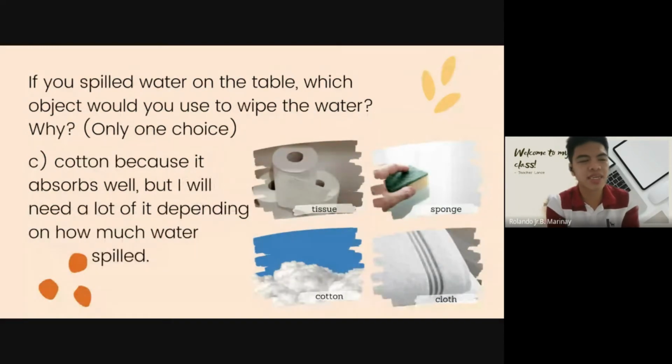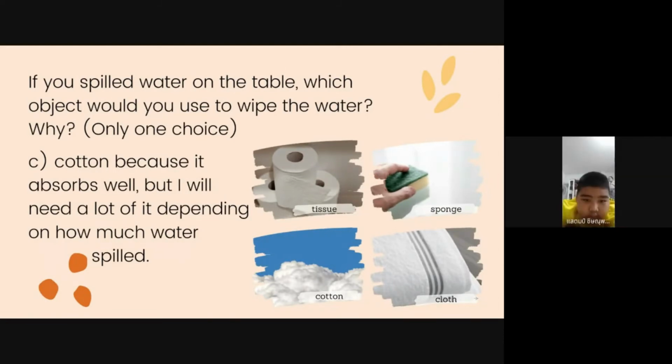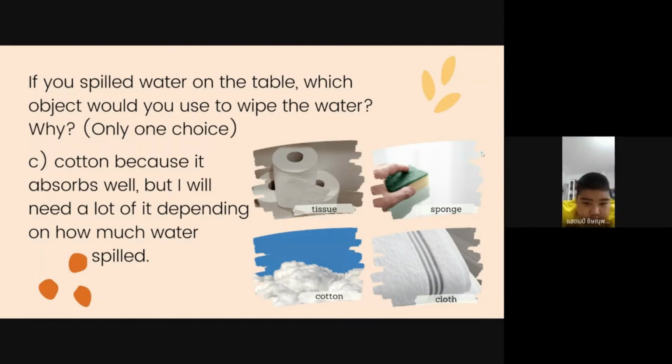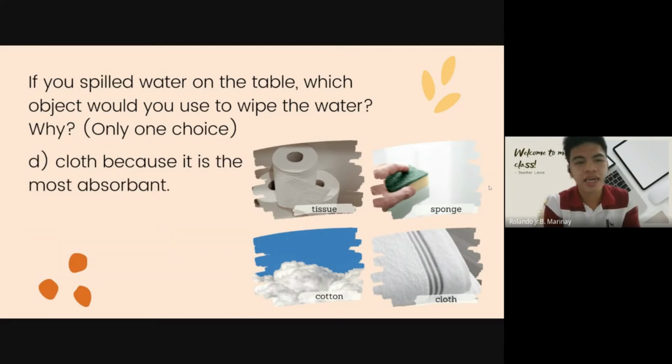Next, letter C. Cotton, because it absorbs water well, but you will need a lot of it depending on how much water has been spilled. And then why is it letter D? Why is it cloth? Because it is the most absorbent.